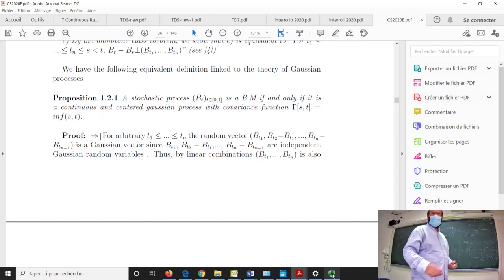Last little property fulfilled by these. Can you tell me what is the covariance between I of f and I of g? In this case they are centered, so the covariance is just the expectation of the product. What is this?